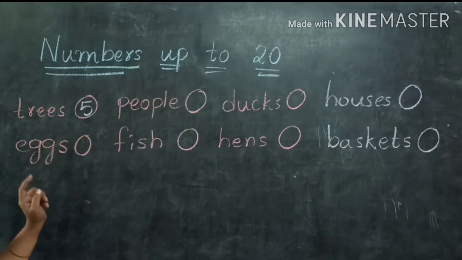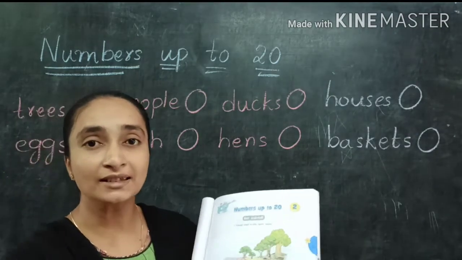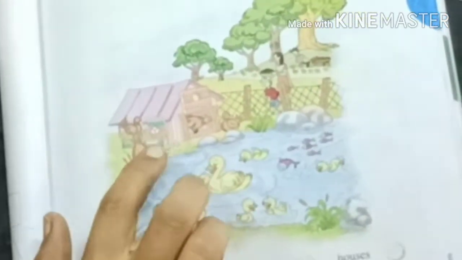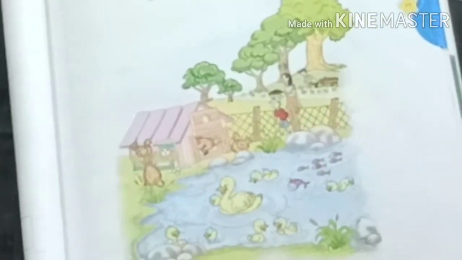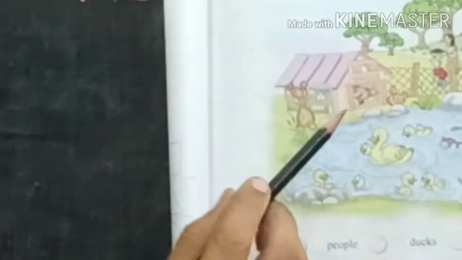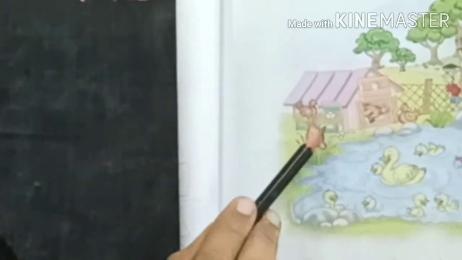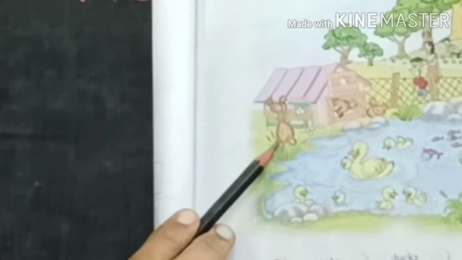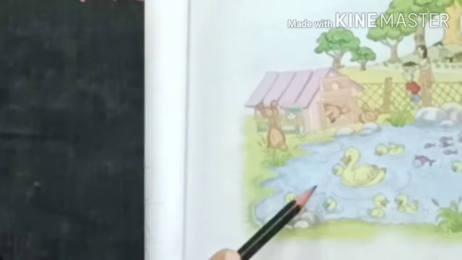The next one is eggs. Where are the eggs in this picture? If you see the picture carefully, here we can see the eggs. You must count and then write the count in the circle. Let me show you. Here one hen is there. Here one pond is there, and in this pond there are ducks, a mother duck and baby ducklings, and fish.